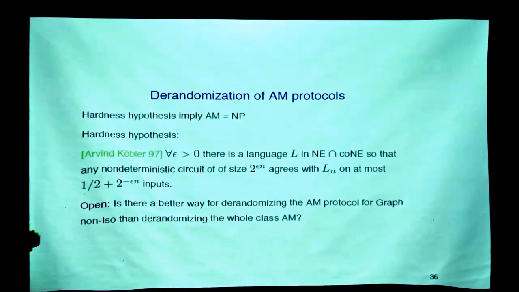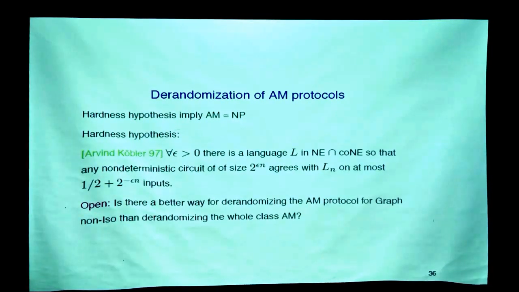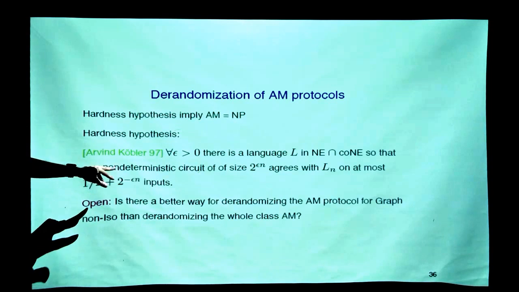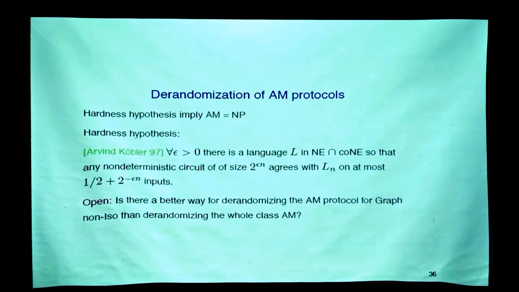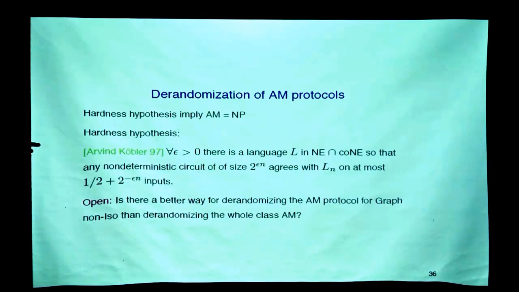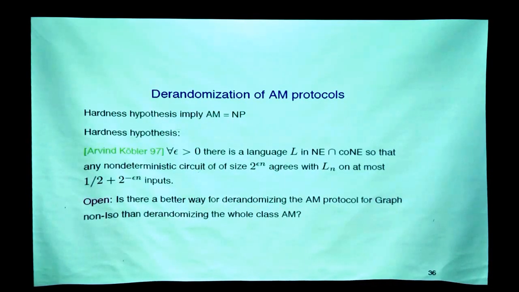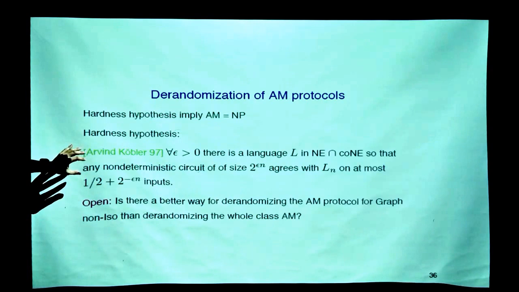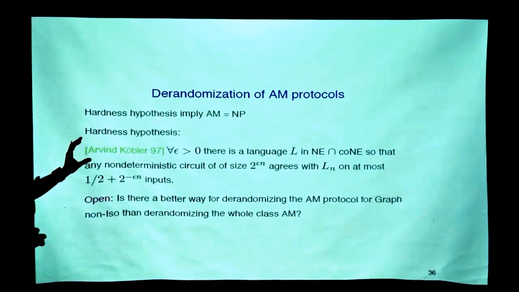This language is in exponential time, but I know there is a circuit of size smaller than n that coincides with that, and that would imply that these two classes are the same.